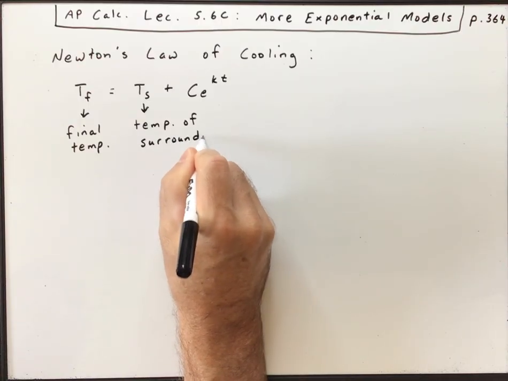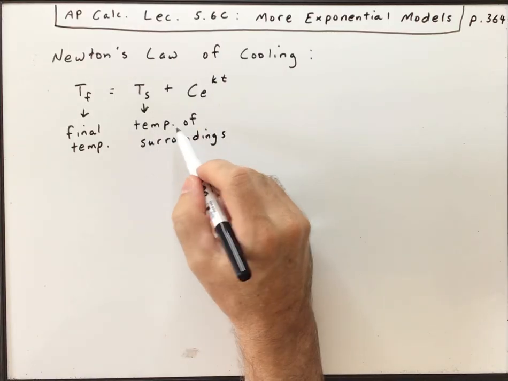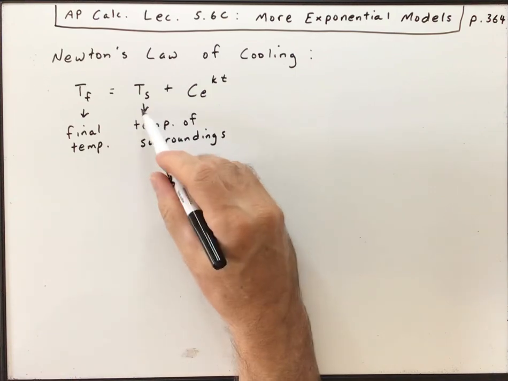So if you cooled whatever you had heated up down in a room of 75 degrees, that would be that temperature.